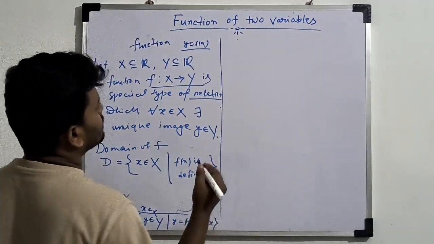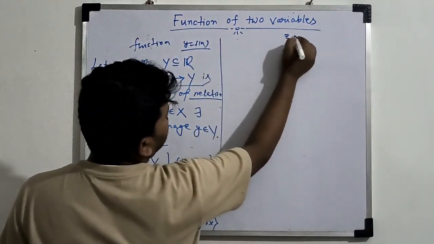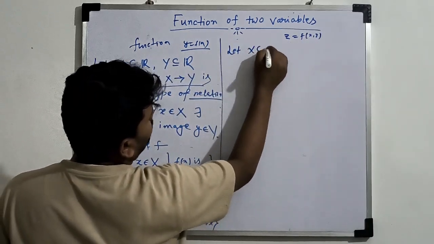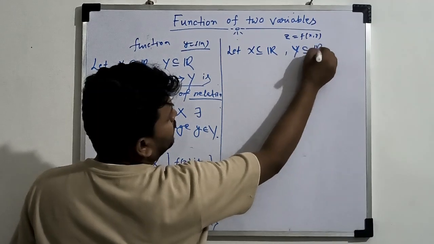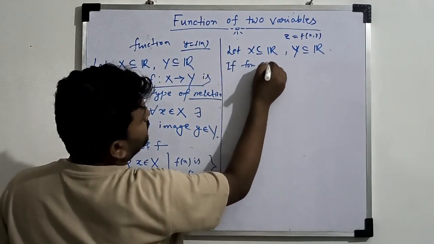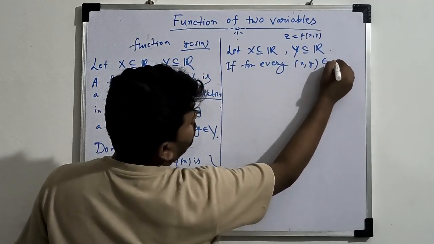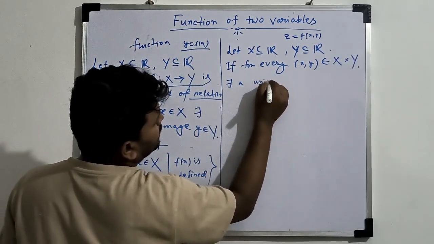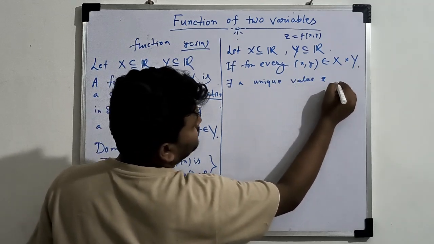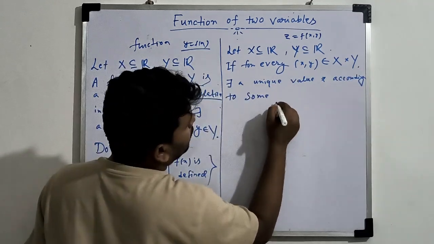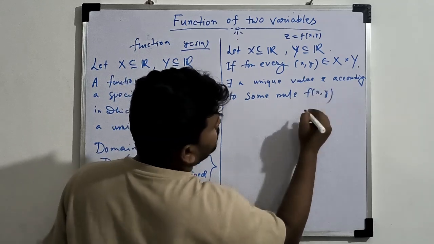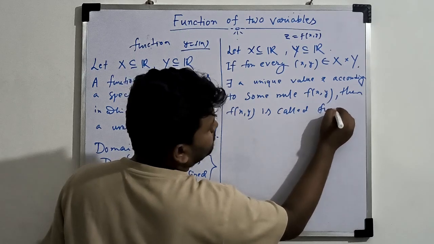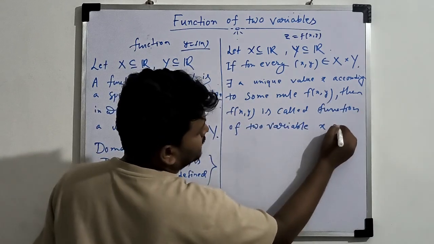So now we discuss function of two variables, that is z equal to f(x,y). So for this, let X be a subset of R and Y a subset of R. Then if for every pair (x,y) belonging to X cross Y, there exists a unique value z according to some rule f(x,y), then f(x,y) is called a function of two variables x and y.